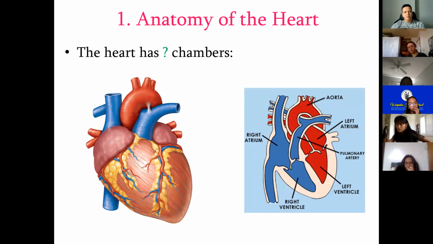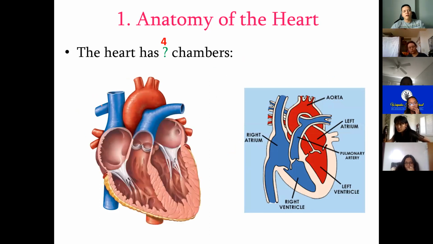Now, when we dissect the heart, we can see that our heart has a total of 4 chambers. These chambers are going to be pushing blood from one place to another until the blood either gets to the lung to become oxygenated, or goes through the rest of the body through the systemic circulation, okay?